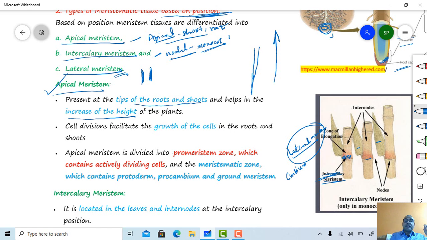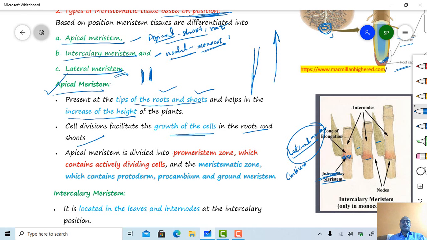So these are present at the tip region of the shoot and root. Cell division facilitates the growth of the cells in root and shoot, which occurs due to the activity of the apical meristem.